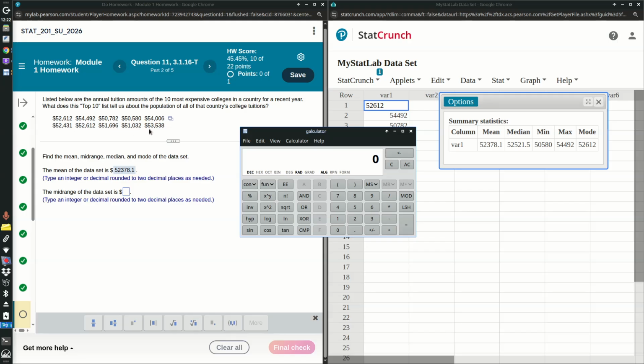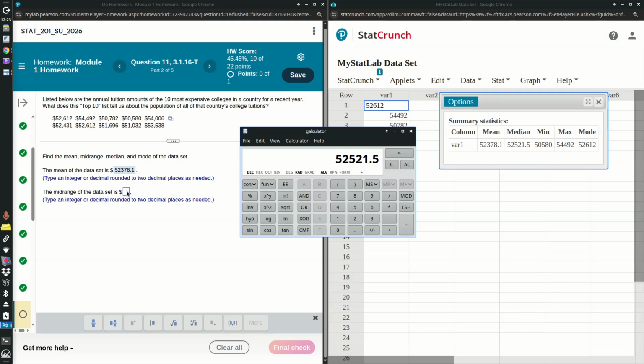Going from smallest to largest, the 2 50,000s are the smallest, and we've got 5151. Then we have 3 numbers in the 52 range, which are representing our middle numbers. So we want to take the smaller 2, 52431 and 52612. So 52431 plus 52612, and then divide that by 2, that should give us our median, 52,521.5.